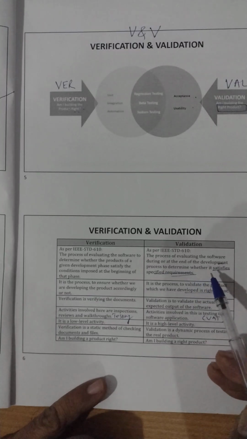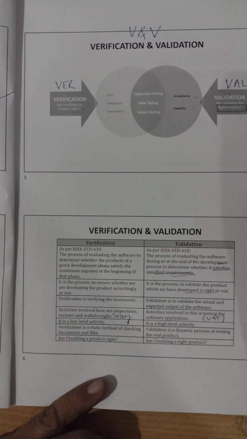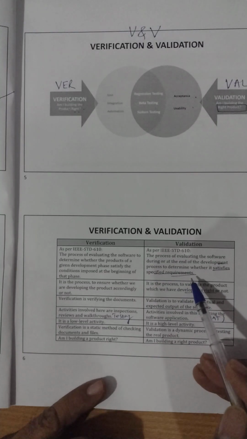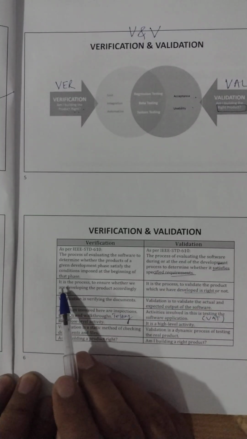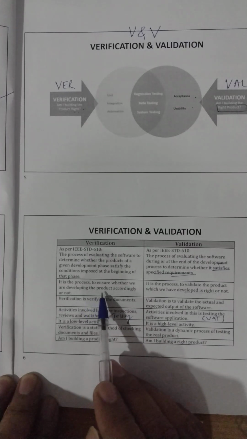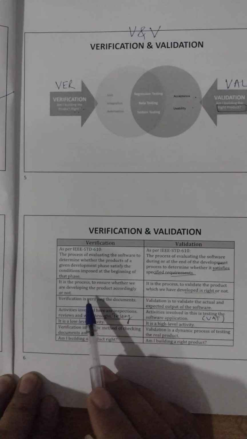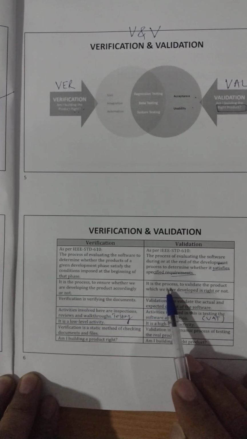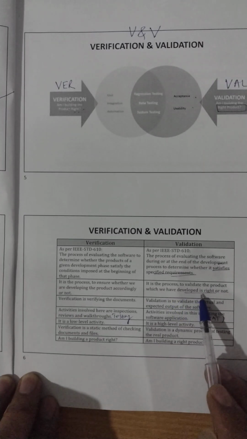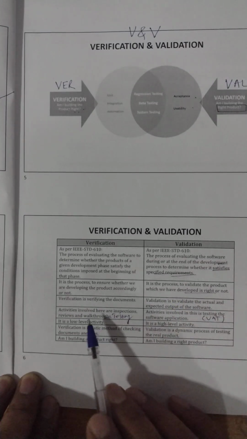So whether we have built the right product or not, whether we have satisfied the requirements or not, comes under validation. Verification is a process to ensure whether we are developing the product accordingly or not. Validation is the process to validate that the product which we have developed is right or not.